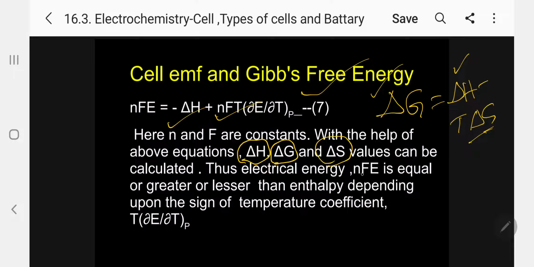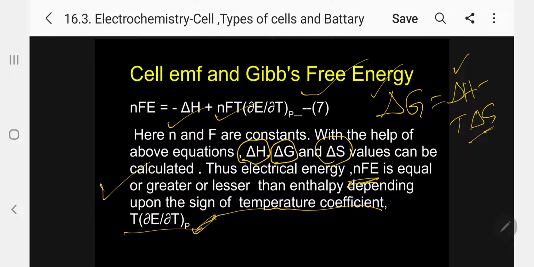Thus, the electrical energy nFE is equal to, greater than, or lesser than the enthalpy depending upon the sign of the temperature coefficient. What is the temperature coefficient? T into dou E by dou T at constant pressure is called the temperature coefficient.